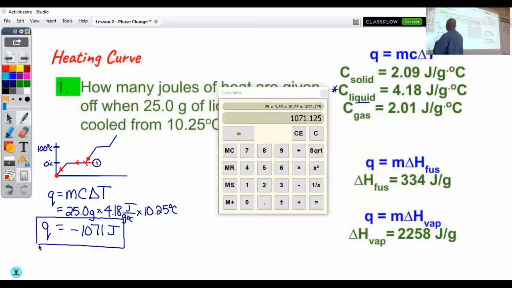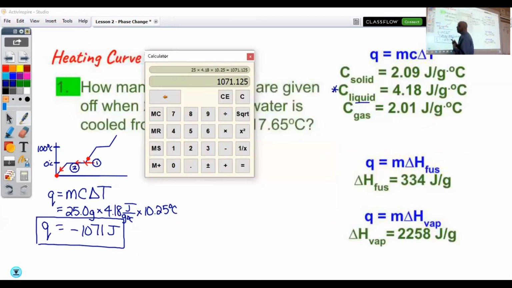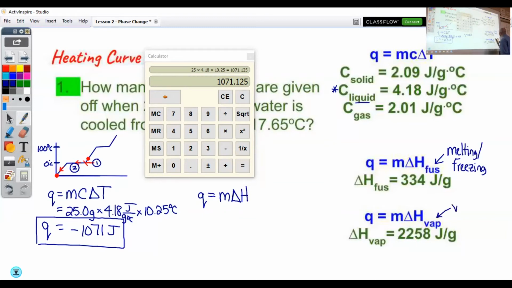In part 2, which is this part right here, we're going through our phase change. Now remember, we said earlier, when we're going through a phase change, we're not going to use this equation. We're going to use this equation, mass times delta H. In this case, this is for melting and freezing. This is for vaporizing and condensing. So we're going to use the one for fusion.